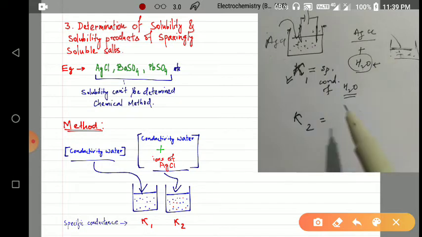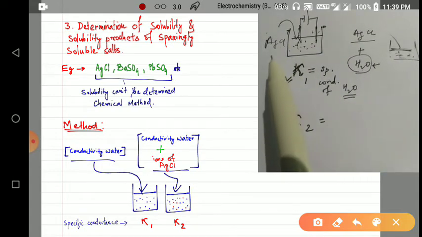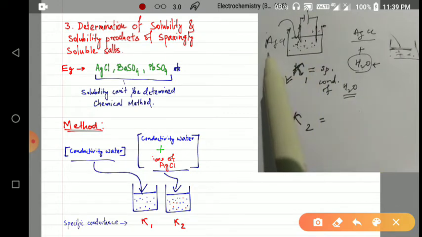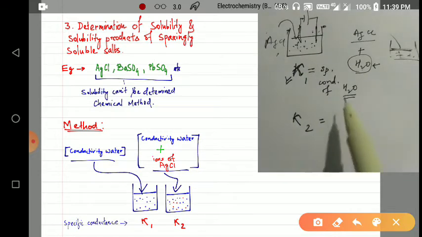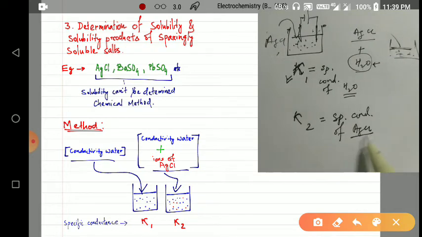The conductance will be due to the impurities present in the water plus the ions produced from this salt. Let's suppose K2 represents the specific conductance of that silver chloride solution.